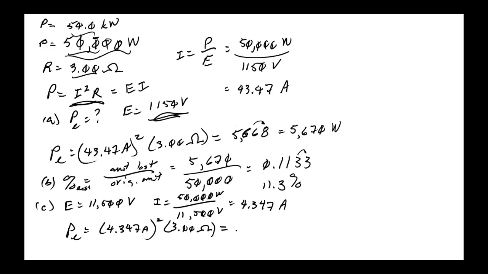About 50-something? 56.7971. So I count 3 digits, look to the right, that's a 1, so we'll ignore that. So 56.7 watts. Whoa! Last time the power loss was 5,070 watts. Now it's just 56. Now, let's see if they got 568 just like they did before.